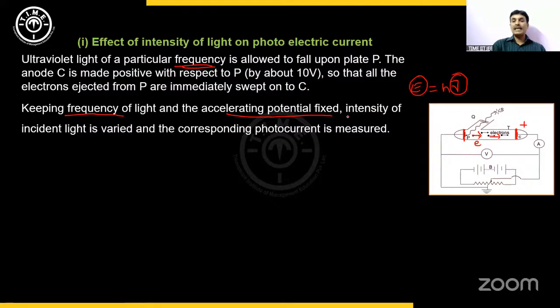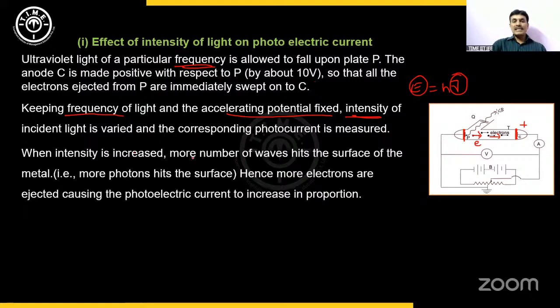Then alter the intensity of the radiation. Here, intensity represents the number of photons. The more the intensity, the more photons fall on the metal surface. If more photons are falling on the metal surface, they can release more electrons. So, proportionally, current increases with an increase in intensity, isn't it? Right.